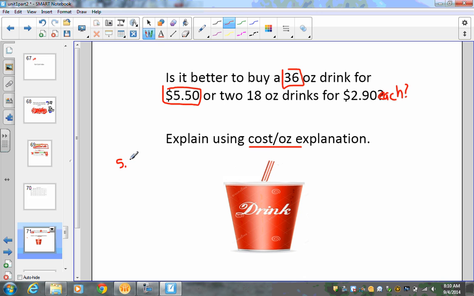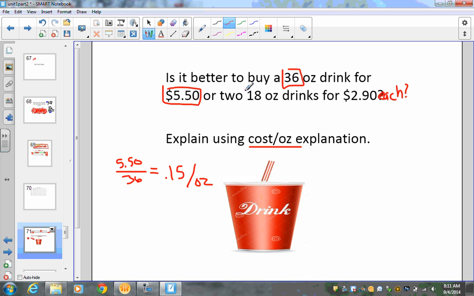You would take $5.50, which is the cost, over the total amount of ounces. When you do that, 550 divided by 36 gives you 1 ounce being basically 15 cents. So 15 cents per ounce if you were to go with the 36-ounce drink.